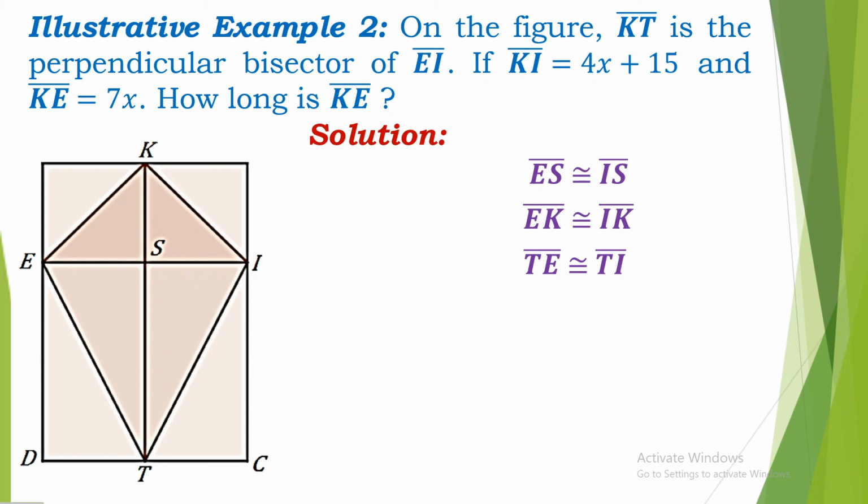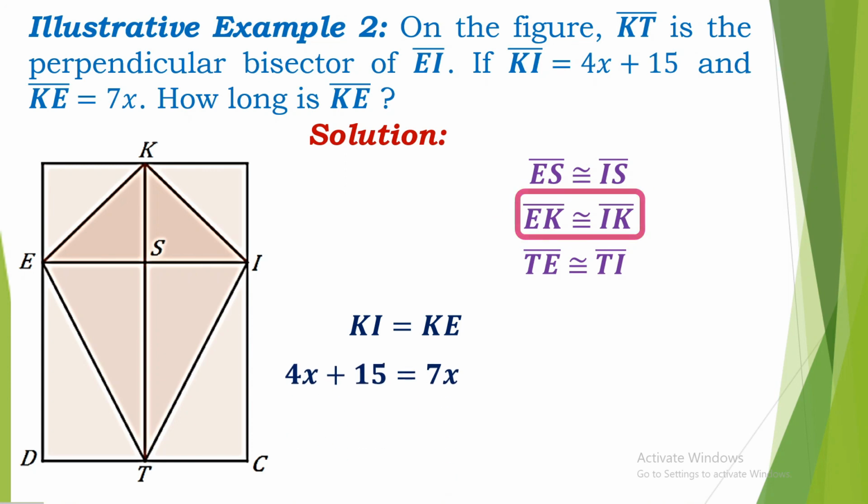So we will consider segment EK is congruent to segment IK. Equating their measurements, we have KI is equal to KE. By substitution, we have 4x plus 15 equals 7x. Combine like terms, so we have to transpose 4x to the right side.